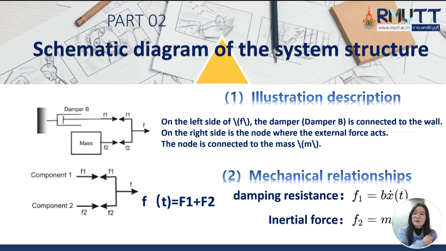This is part 2. First, let's look at the schematic diagram of the system structure. As we can see from the figure, on the left side is a damper, labeled as damper B, which is connected to the wall.